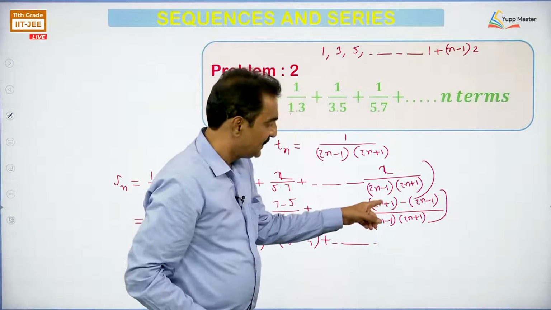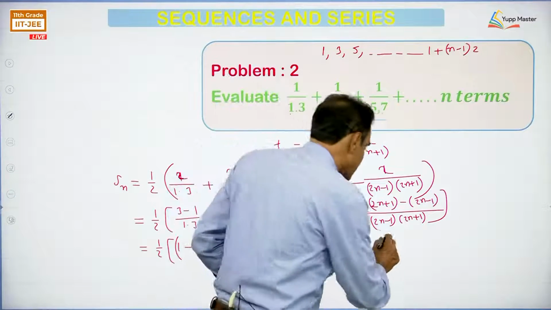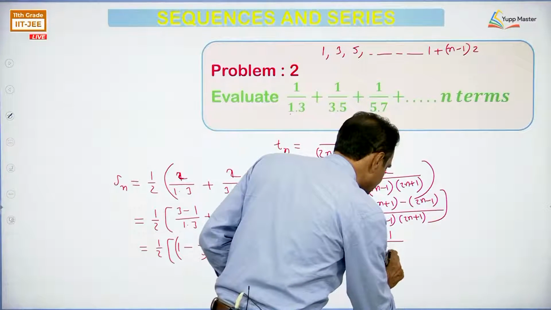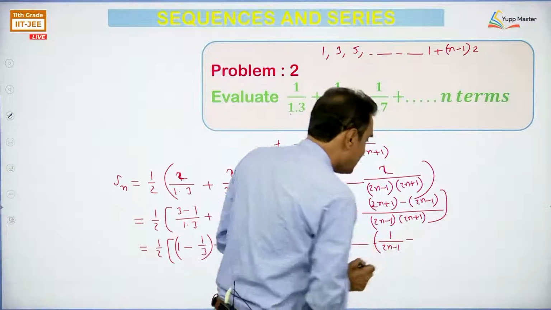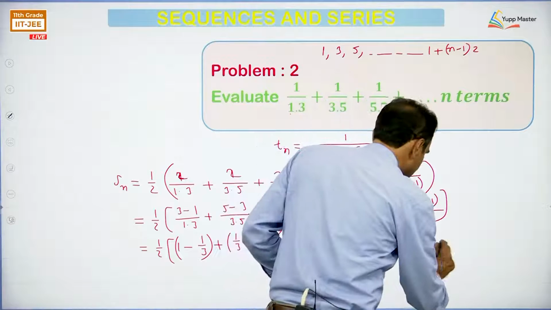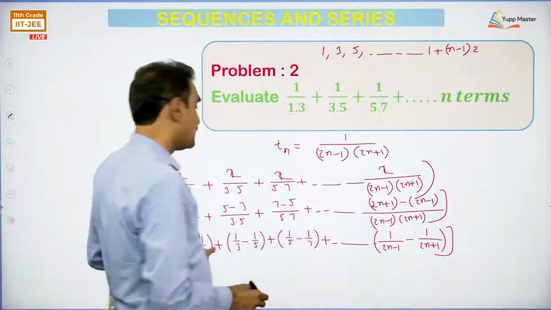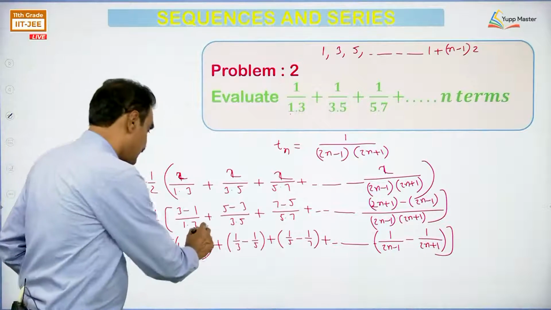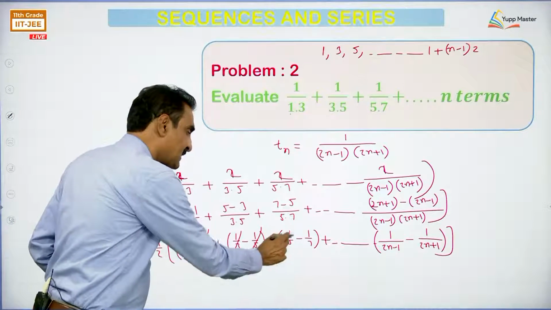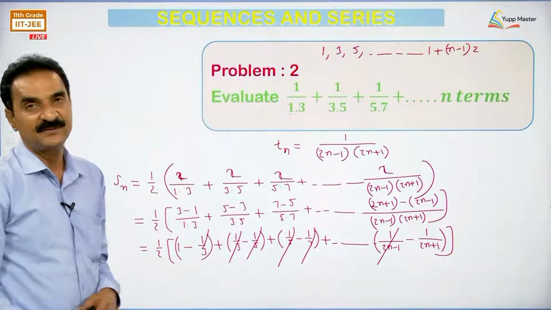Last term, 2n plus 1 by 2n minus 1 into 2n plus 1 is 1 by 2n minus 1, minus this by this is 1 by 2n plus 1. Which is a telescoping series. 1 by 3 cancels, 1 by 5 cancels, 1 by 7 cancels and so on. In the last term, the first part will cancel out.